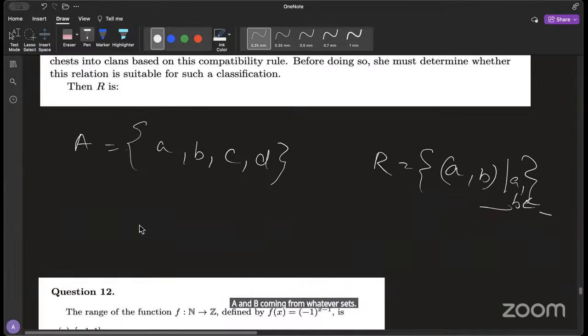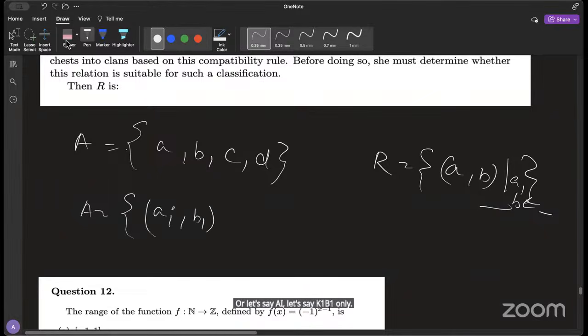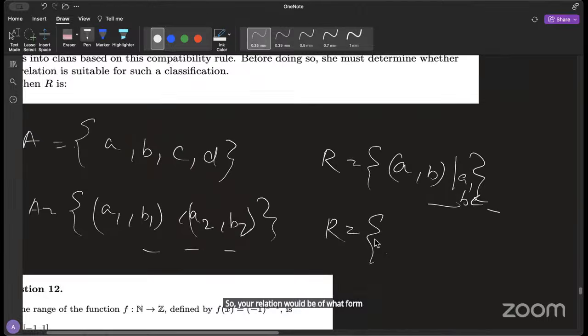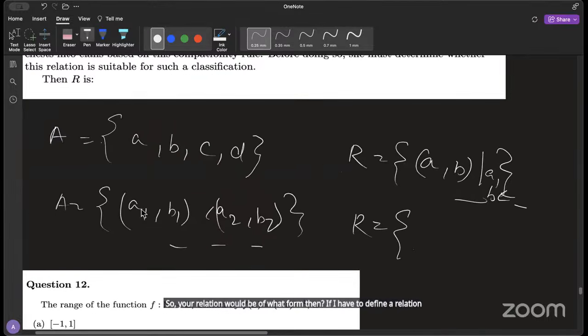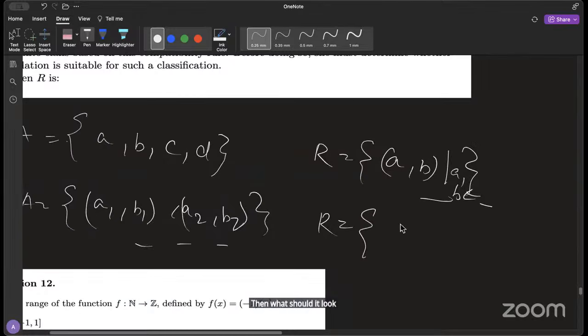Now your A is of this form: A1, B1, A2, B2. So your A set is of this form this time. So your relation would be of what form then? If I have to define a relation on this set, what should it look like?